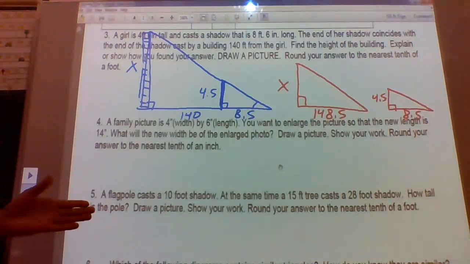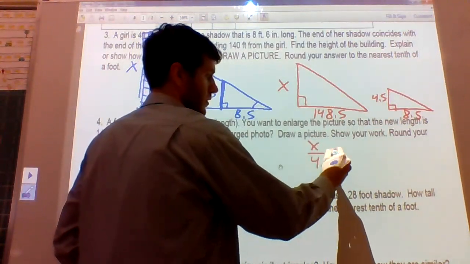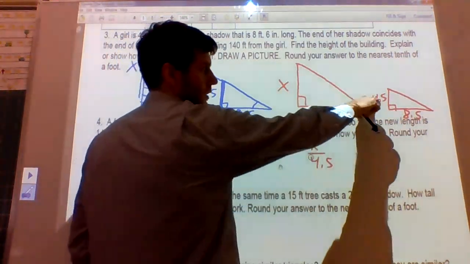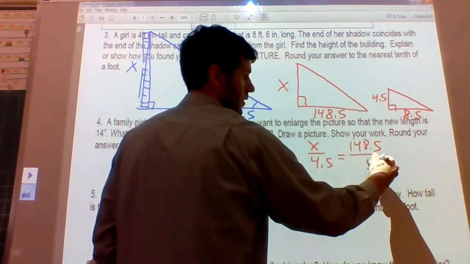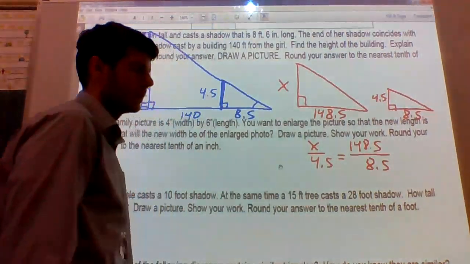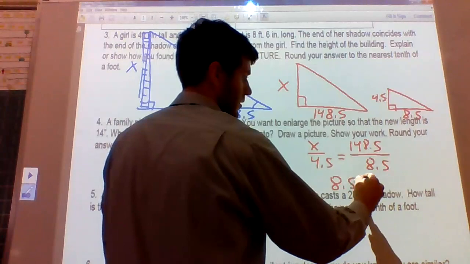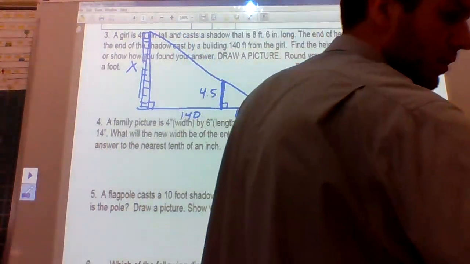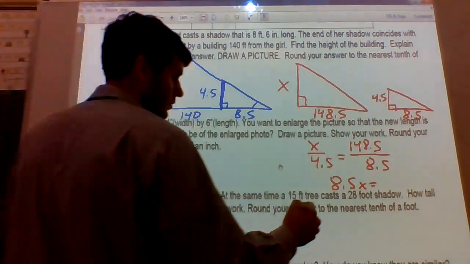So we can set up our ratio. So x corresponds with 4.5, and that equals 148.5 over 8.5. Okay, we cross multiply here, so we get 8.5x equals 4.5 times 148.5, which is 668.25.